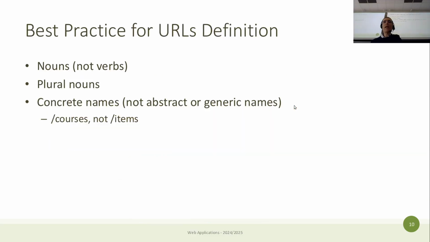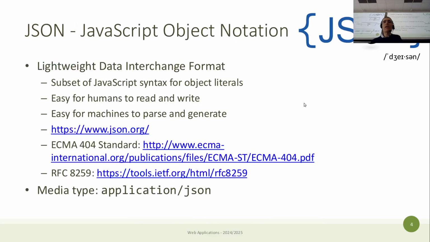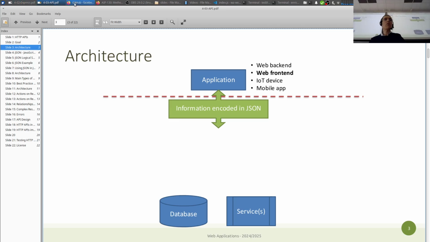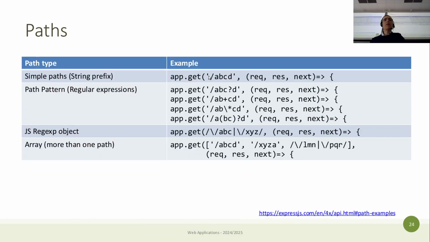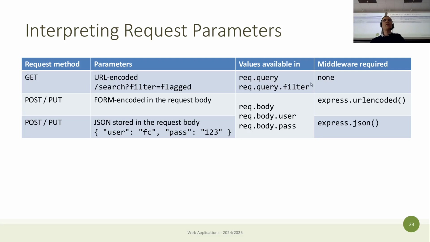If we go back to the previous set of slides, you remember that you find this query already separated, the part after the question mark, in the variable req.query on the server side, and these elements in the object query will be the names that you used after the question mark.